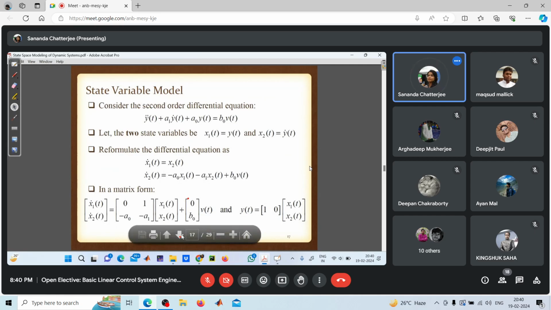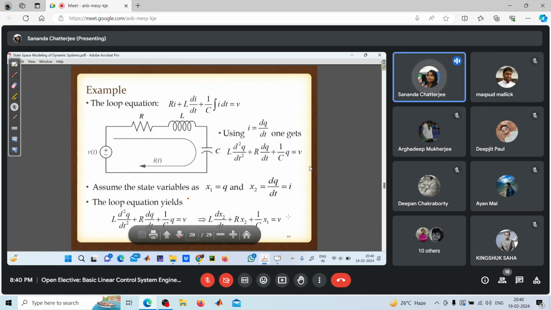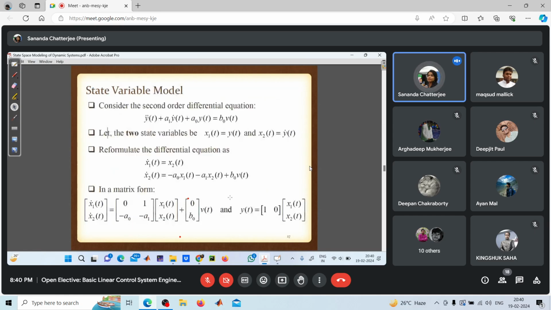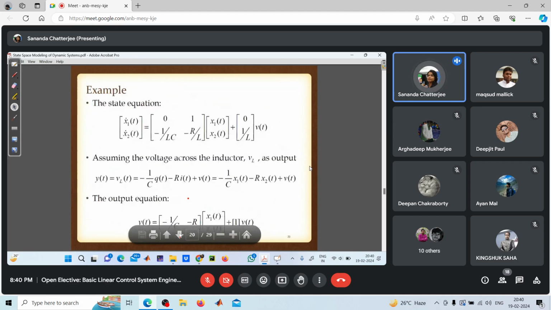Okay, so let us move to the next example. Here we will have a second order representation of this series RLC circuit, and from there we can represent it using simultaneous first order equations like this.